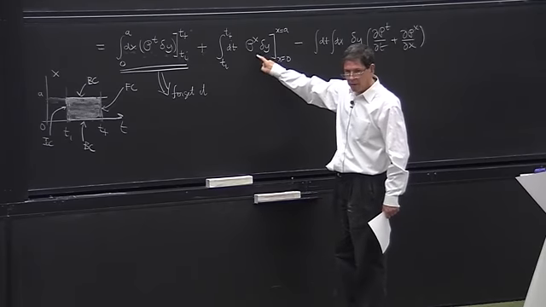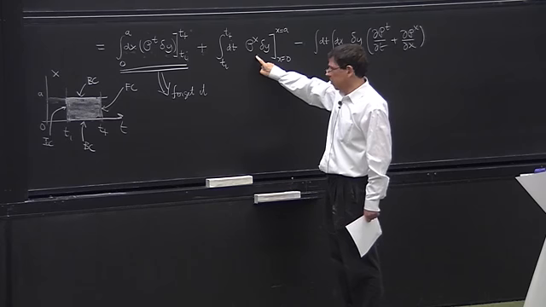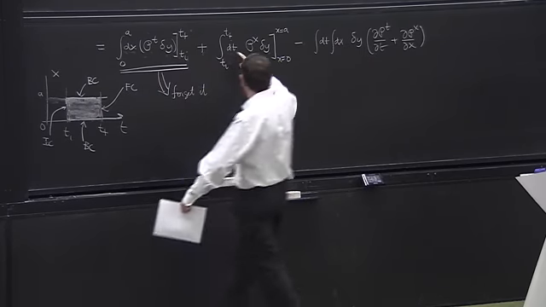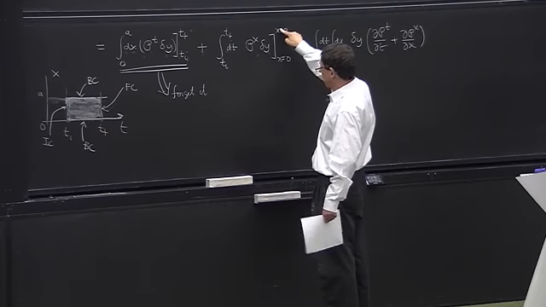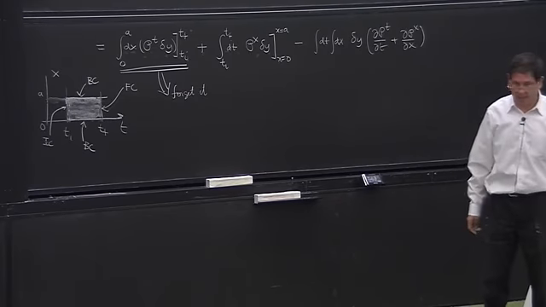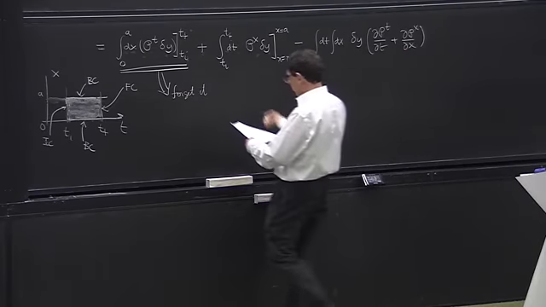This we have to worry about, because this we can't avoid. This is our string in the time of interest, and what it's doing at one end and what it's doing at the other end. So I'd better unpack this term. What is this term?